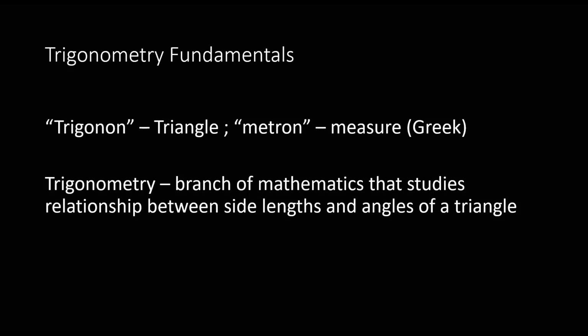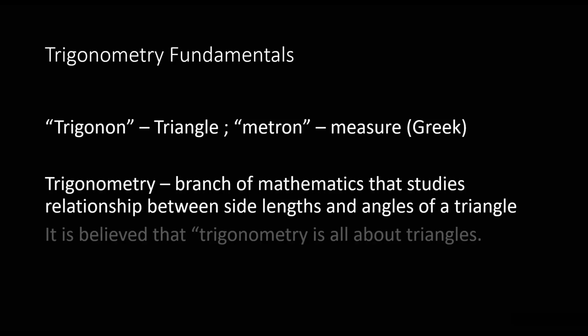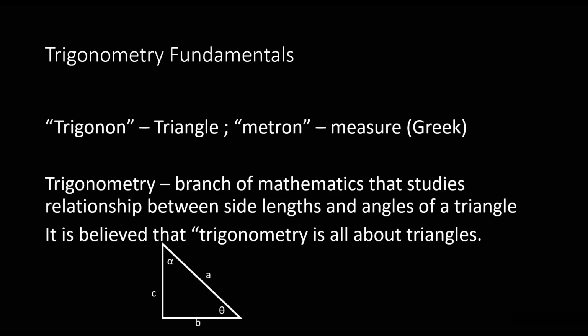If we look at the initial application of trigonometry, it was primarily used to determine unknown distances and angles. And I think therefore it is believed that trigonometry is all about triangles. And hence these concepts are taught to us in our lower classes with the help of a right angle triangle. However, trigonometry has much greater applications and significance in science and engineering.